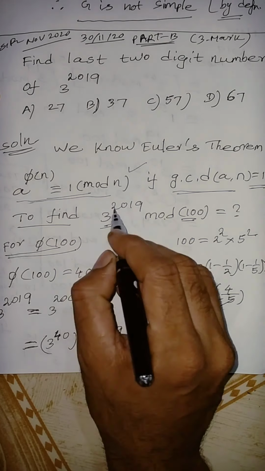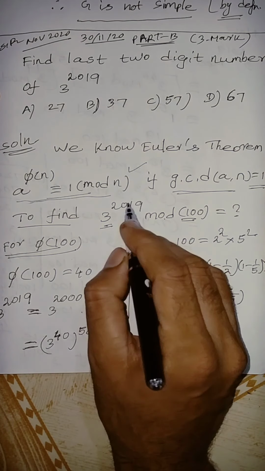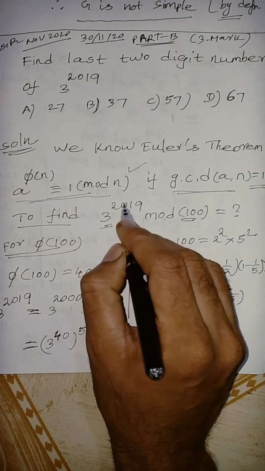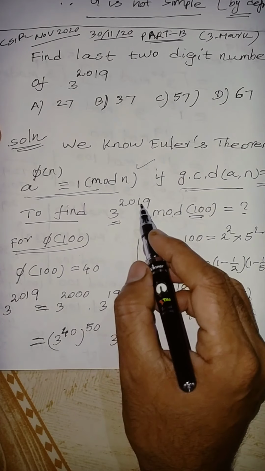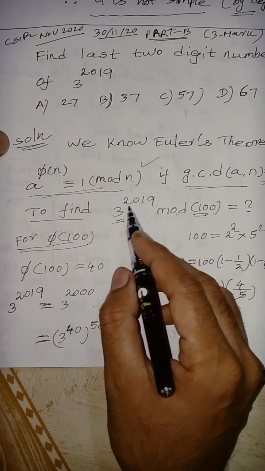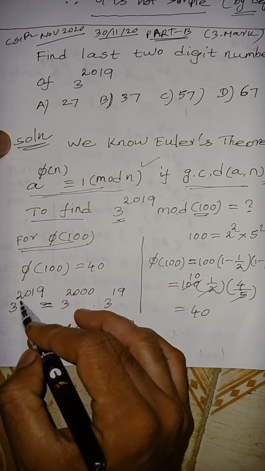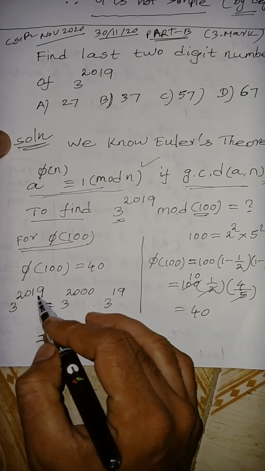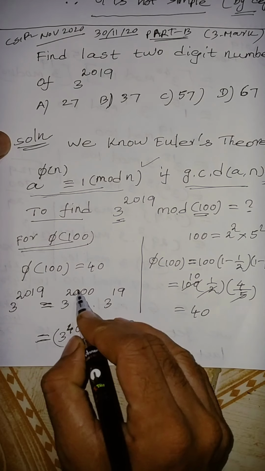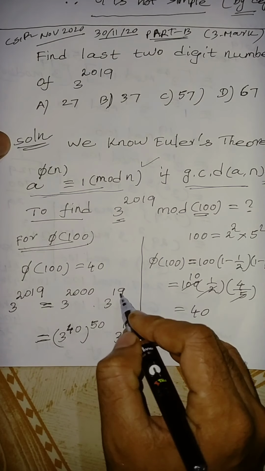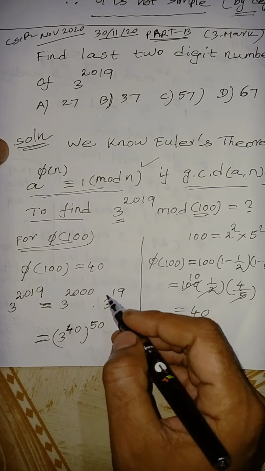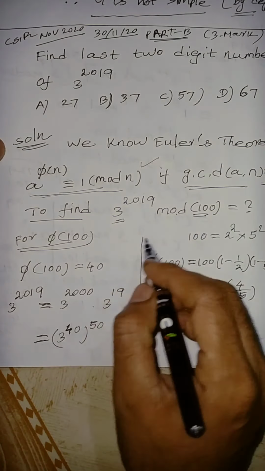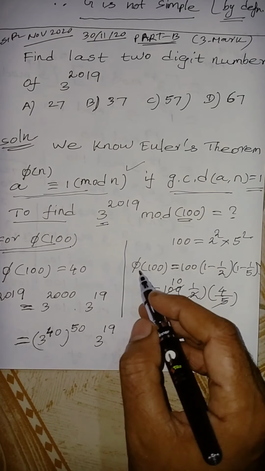But we have 2019, which is not phi of 100. So 3 power 2019 can be written as 3 power 2000 into 3 power 19. Our aim is to get phi of 100, so first we should find the phi of 100 value.